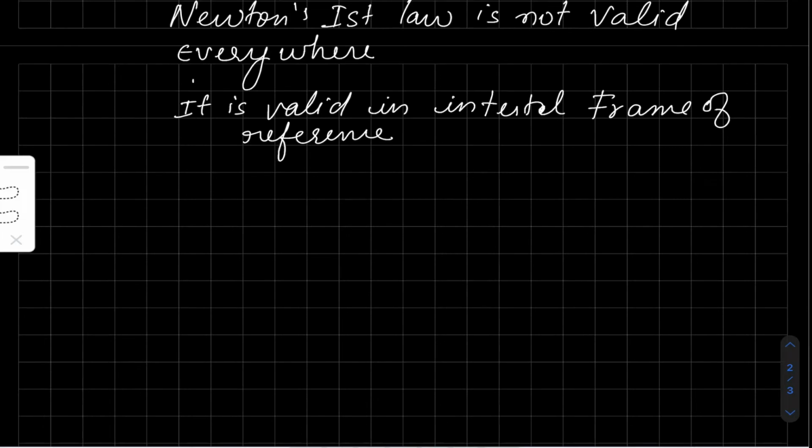But to be very honest, we must know this statement if we are learning about Newton's first law, because without it Newton's first law is nothing. If you know that Newton's law is valid only in the inertial frame of reference, then only can you say that the body is at rest, in uniform motion, or moving with some acceleration. Otherwise the rest, the motion or the acceleration has no meaning if you are not stating the frame of reference.